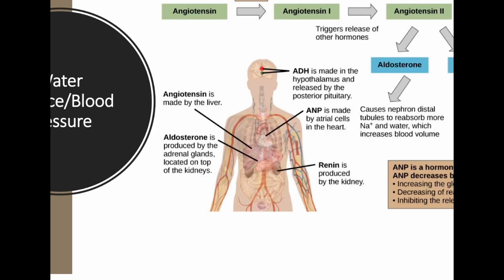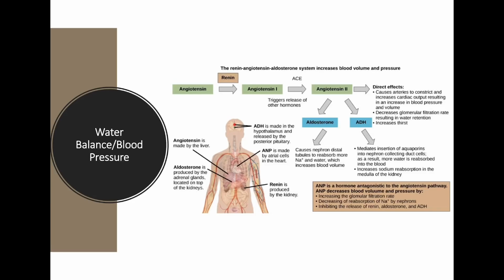Okay, so a general overview of this system is that first you get angiotensin from the liver, and the kidneys produce the renin, which interact with one another, combine to form angiotensin 1. Now, angiotensin 1 can help trigger downstream hormones to be released.